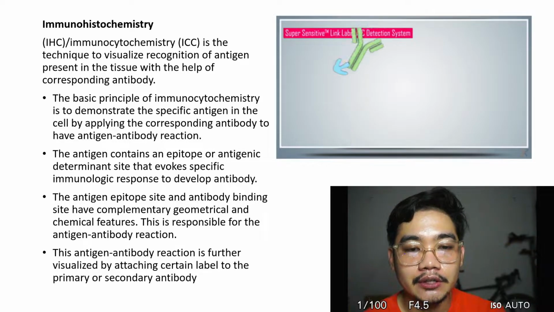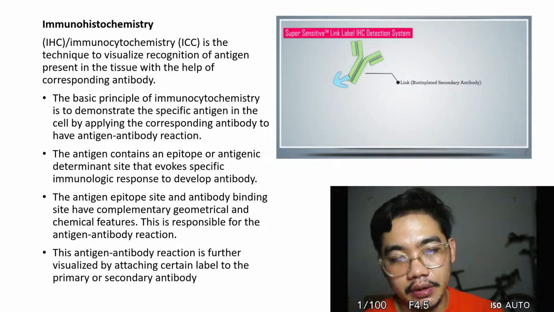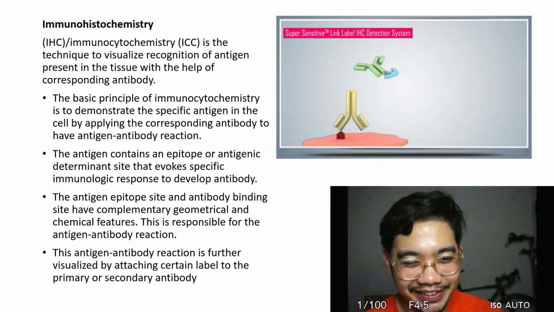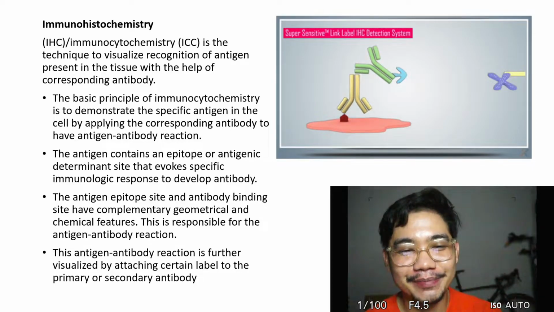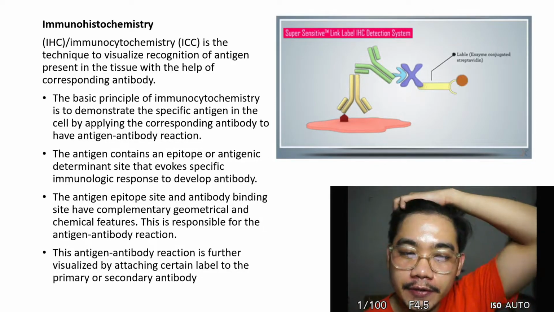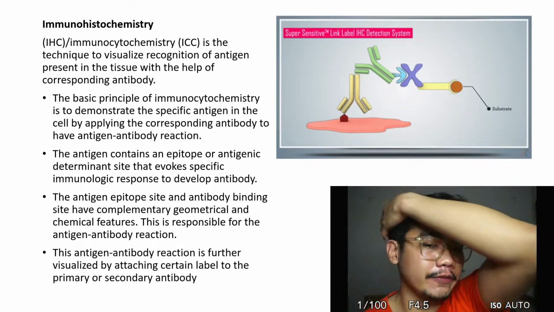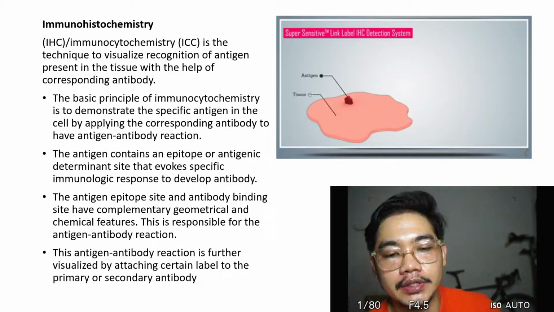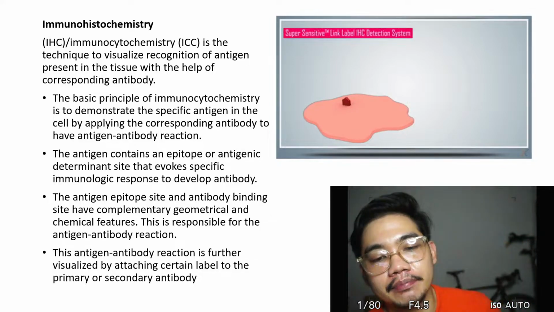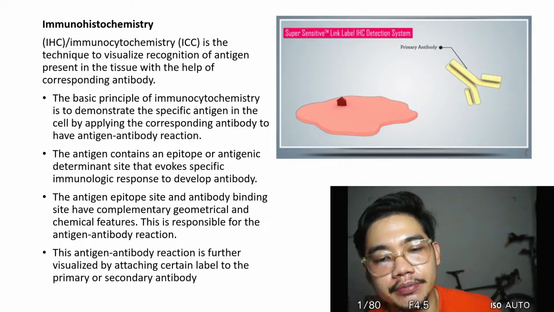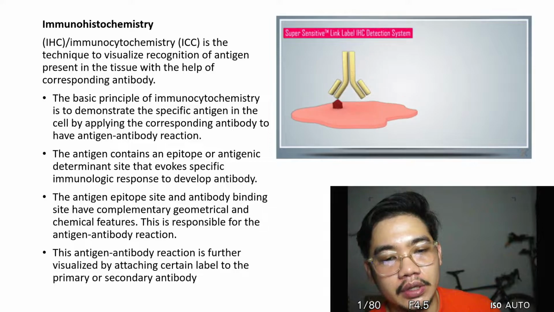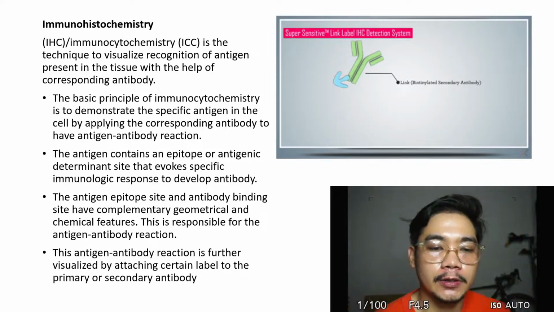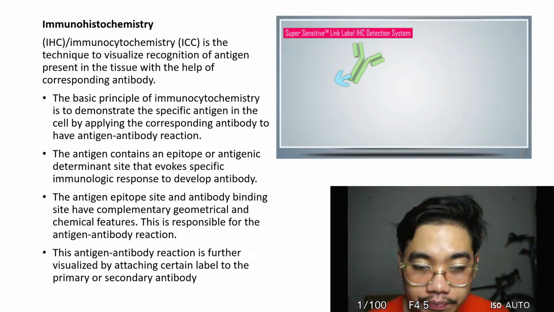The antigen contains the epitope or the antigenic determinant site that evokes a specific immunologic response to develop an antibody. The antigen epitope site and the antigen binding site have complementary geometrical and chemical features. This is responsible for the antigen antibody reaction.